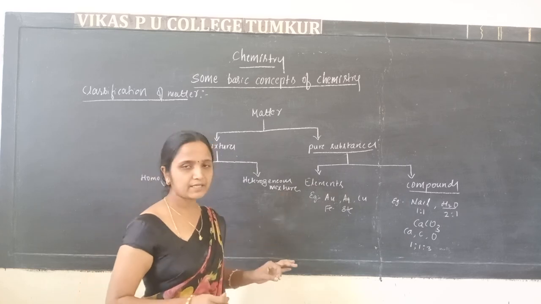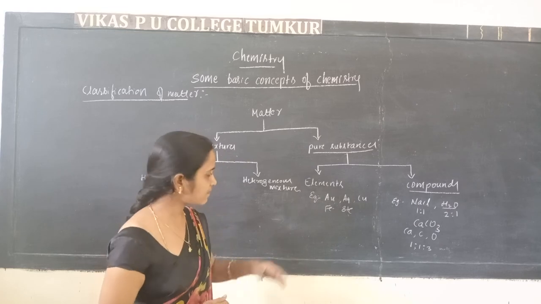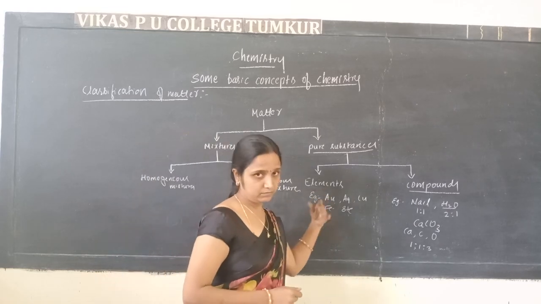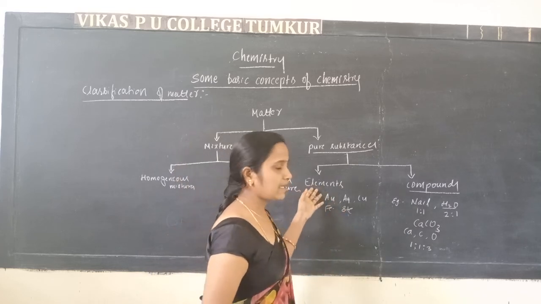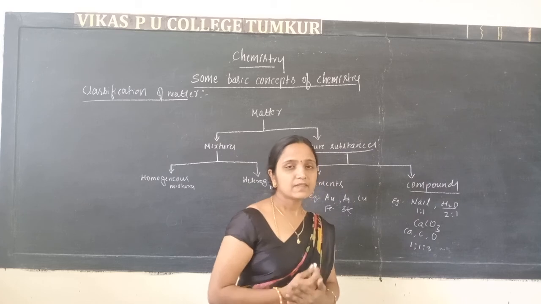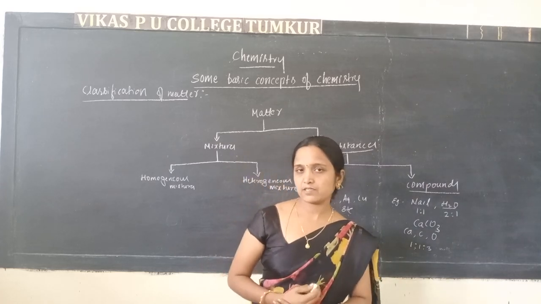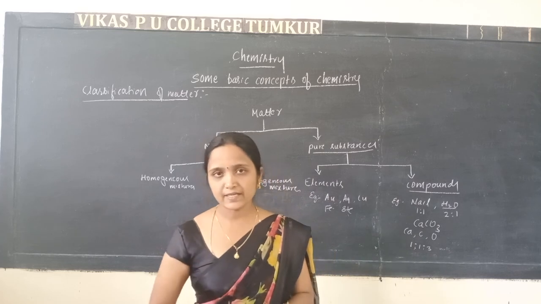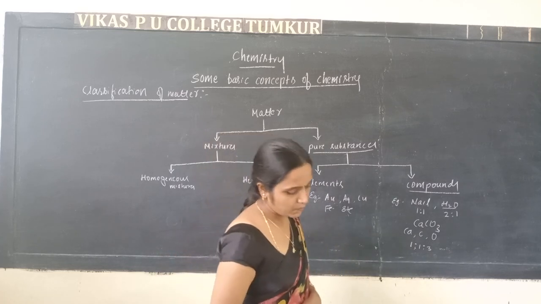Elements contain only one kind of atoms. Examples are gold, silver, copper, iron. Compounds are formed when two or more elements combine in a definite ratio.